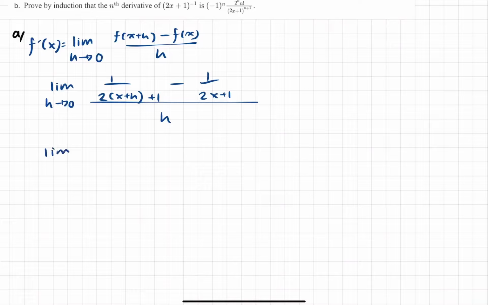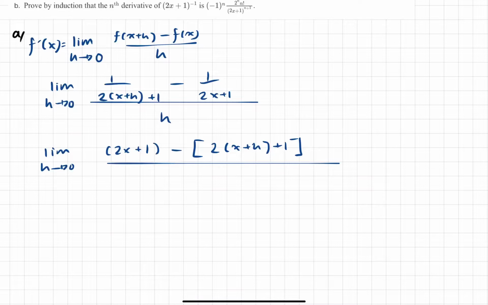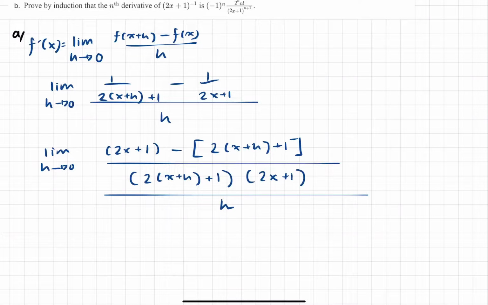So we have the limit as h approaches 0 of (2x plus 1) minus (2(x plus h) plus 1), all over, we're going to multiply the denominators in the numerator, so (2(x plus h) plus 1) times (2x plus 1), all over h, my bad. This looks like a daunting expression, but let's simplify.